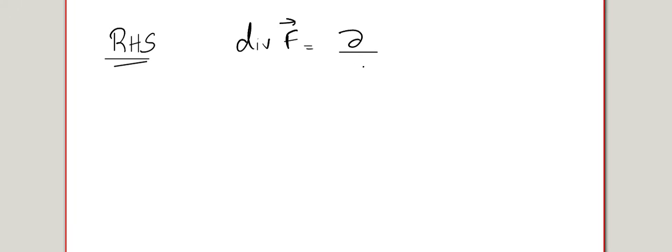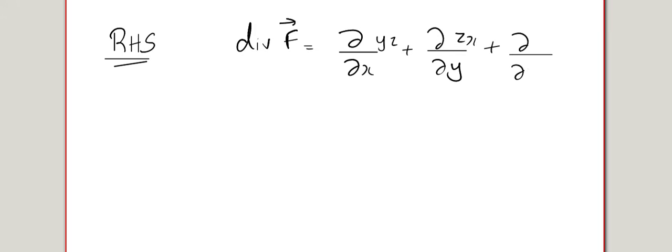Let's do it very fast. I always love to evaluate the volume integral first, so I am going for the right hand side. If I want the right hand side, I have to calculate the divergence. And you know how to calculate divergence: partial derivative with respect to x of the i component, plus partial derivative with respect to y of the j component, plus partial derivative with respect to z of the k component.